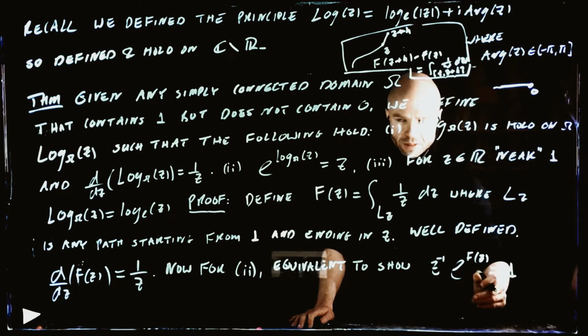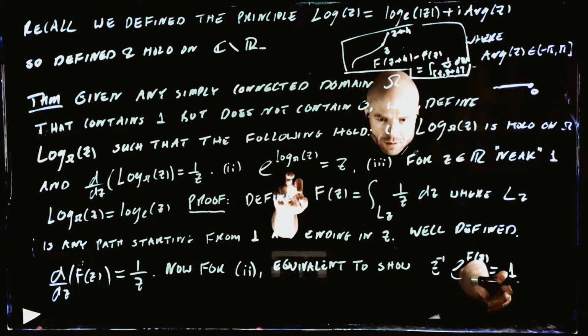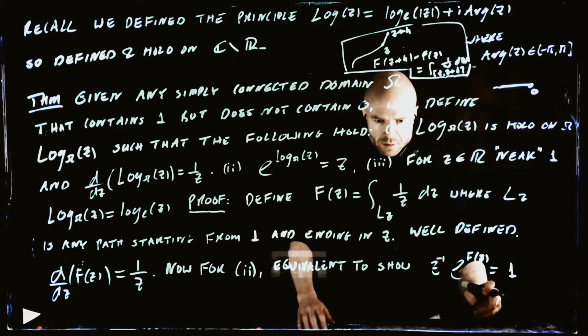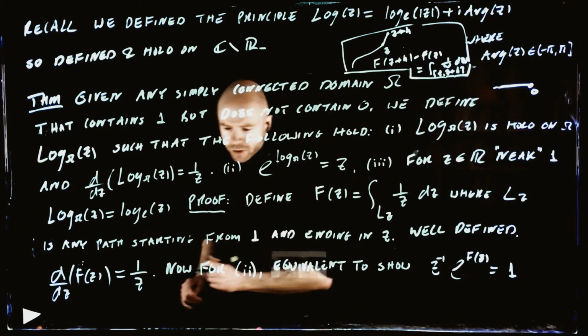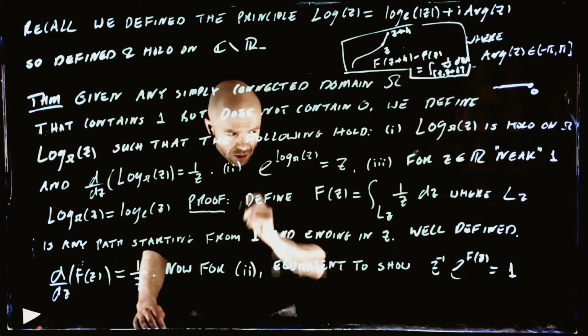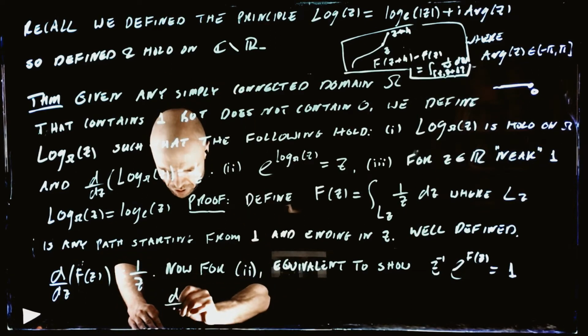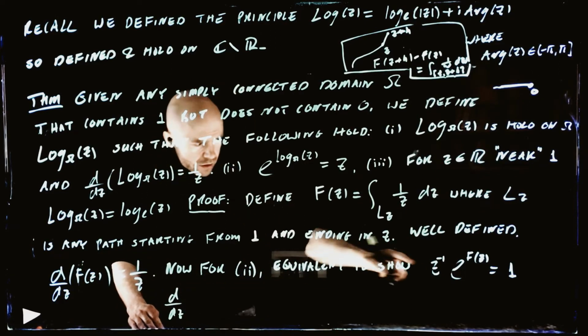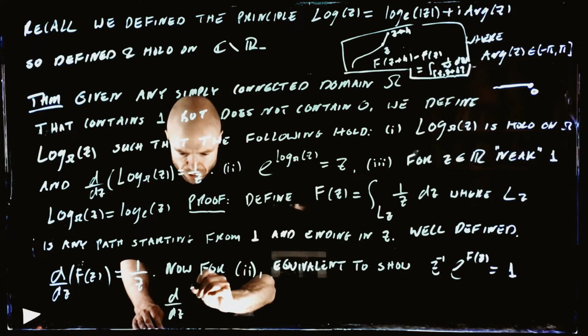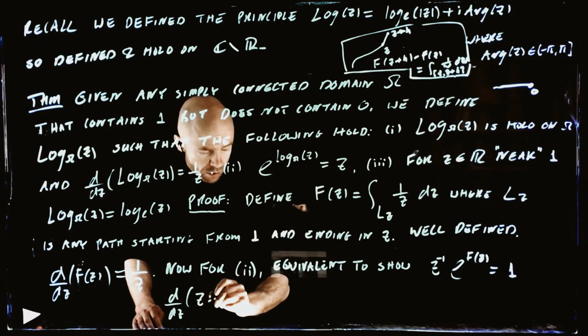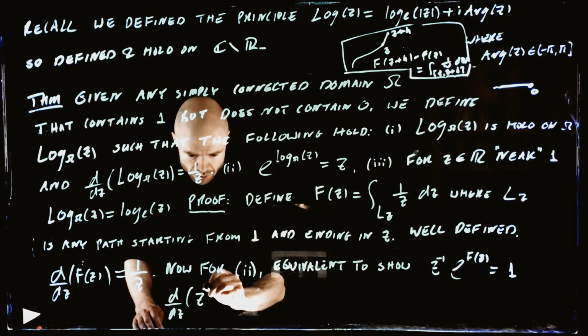If we can show that, then that's the same as this. So we're going to show that by differentiation. First thing we're going to do is show that when we differentiate this expression here, it's going to be a constant. So look at this. So we do this thing.